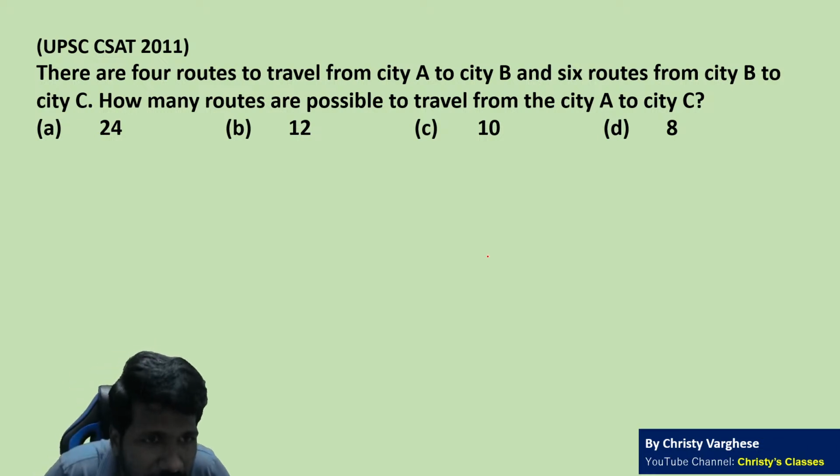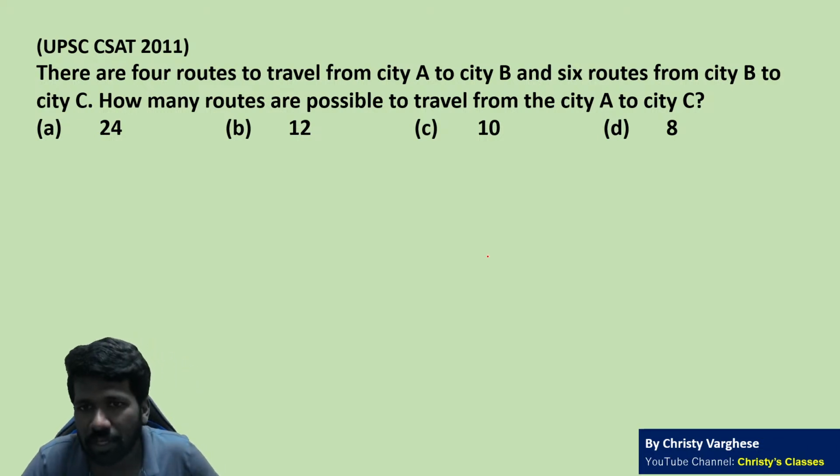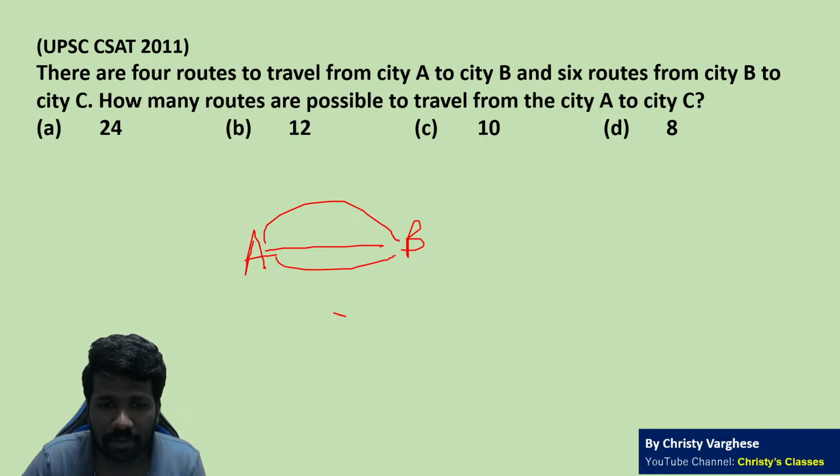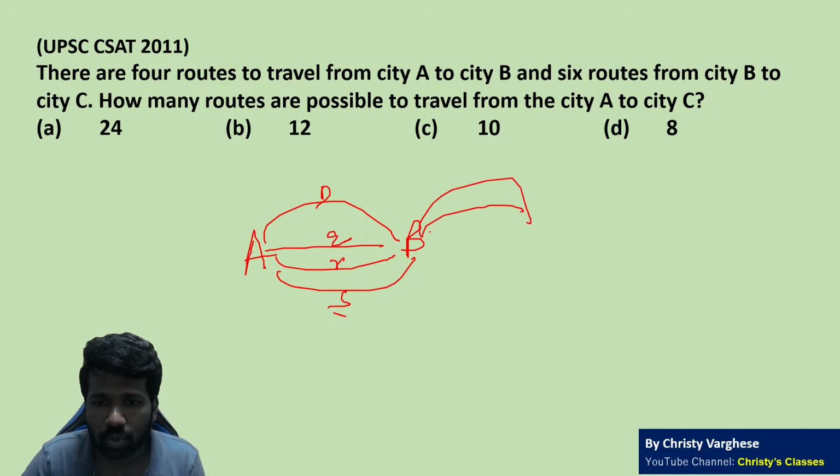Some of you already got the answer. There are 4 routes to travel from city A to city B. So city A, city B. From A to B there are 4 routes. For example, I am calling them P, Q, R, S. And 6 routes from B to C. B to C routes 1, 2, 3, 4, 5, 6.